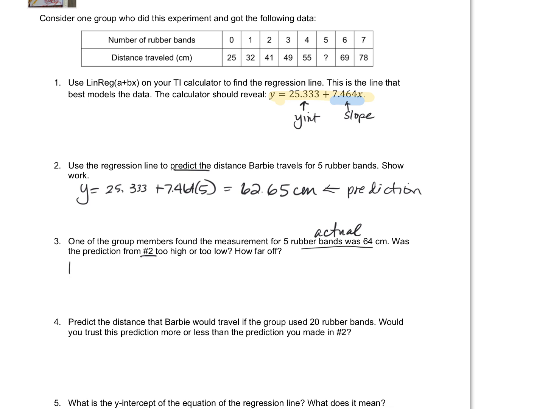Too low. And by how much? Well, too low. So to find out how far off it was, I would take the actual and subtract the predicted. So actual was 64. Subtract that. 1.35.